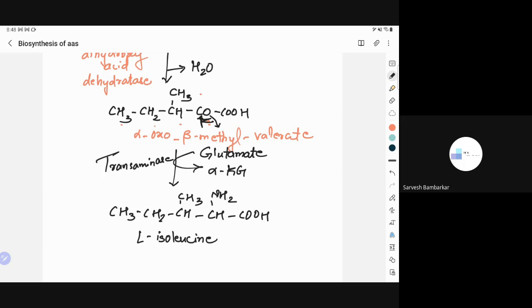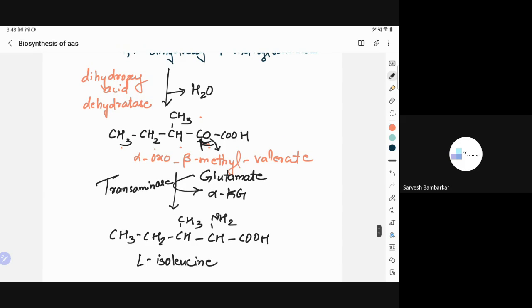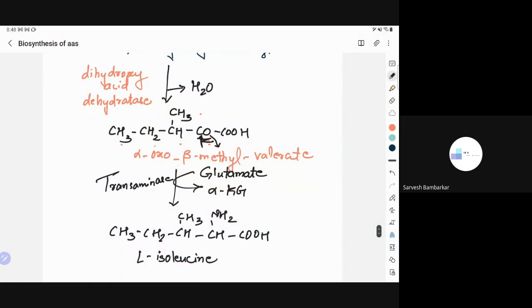So NH2 and hydrogen will be added over here, COOH. That is your L-isoleucine. And this is basically brought about by a transaminase because you are transferring the amino group from glutamic acid to alpha oxo beta methyl valerate. Okay, that's how you synthesize isoleucine.